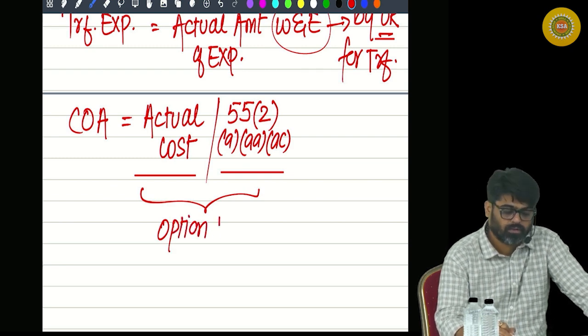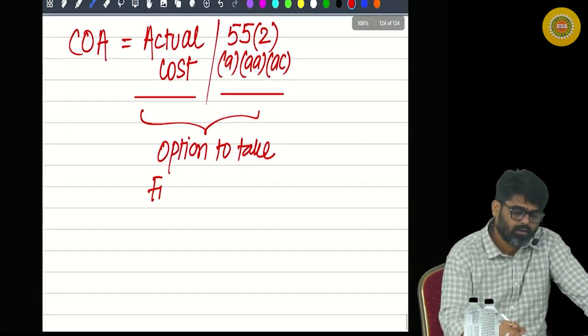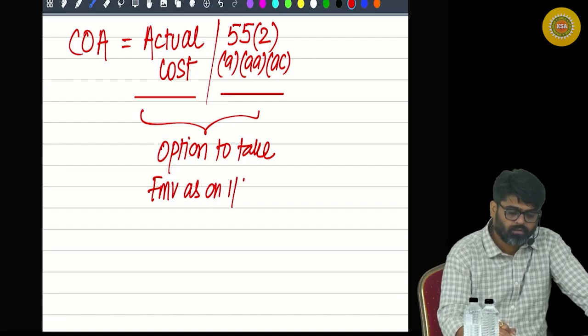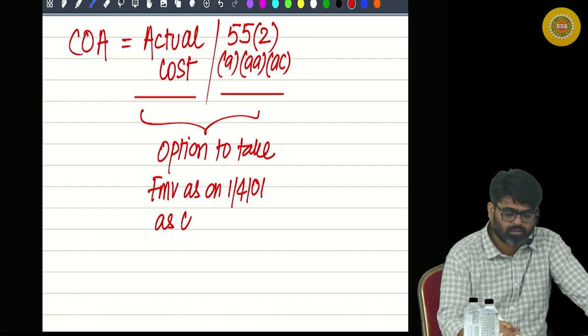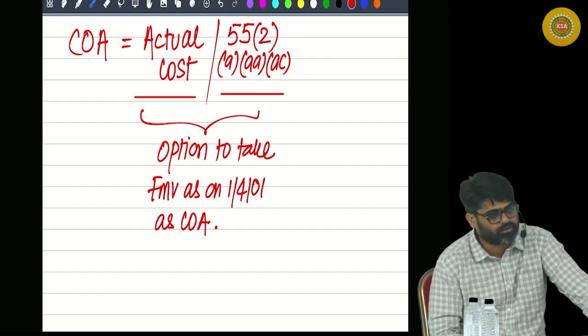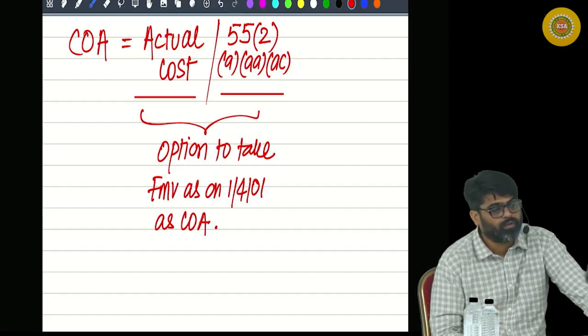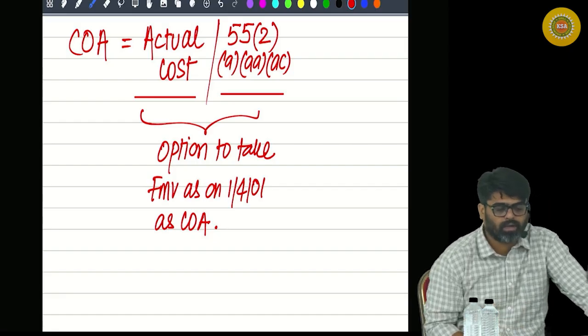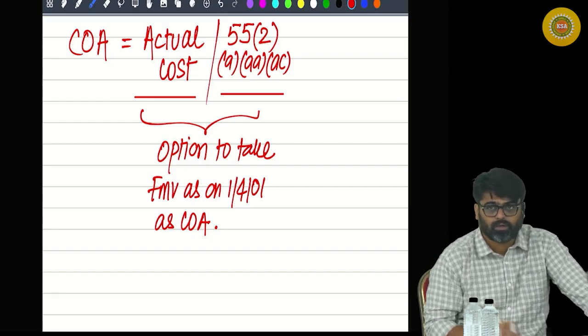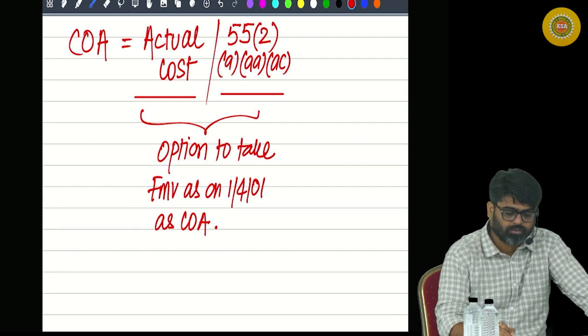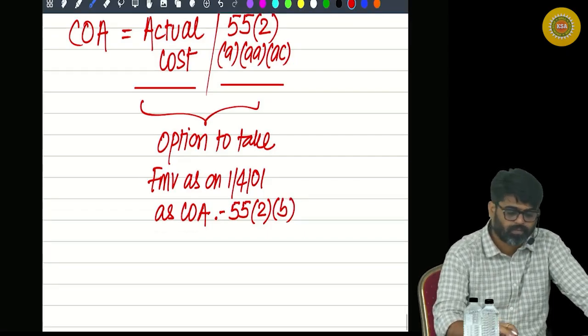You get to take option 2, the fair market value as on 1st April 2001 as cost of acquisition. This option is given under section 55(2)(b).